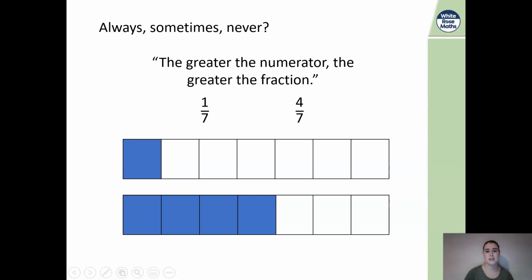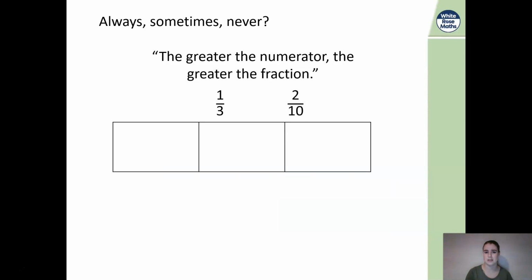In this example here, the greater the numerator, then yes, the greater the fraction. However, that's because our denominators here are the same. So rather than having one piece of pizza that has 7 pieces, I'm going to eat 4 pieces of that whole pizza that's cut into 7. Therefore, I've eaten more pizza. So the greater that numerator, then yes, the greater that fraction, as long as the denominators are the same.